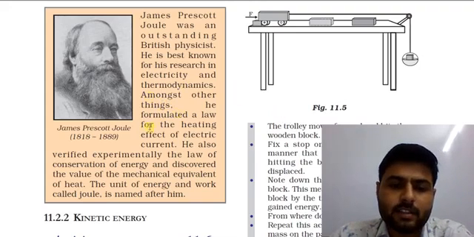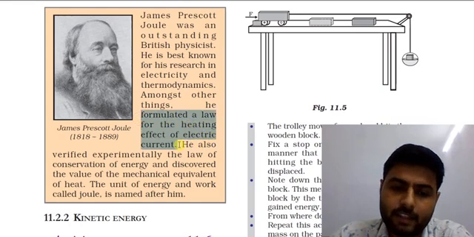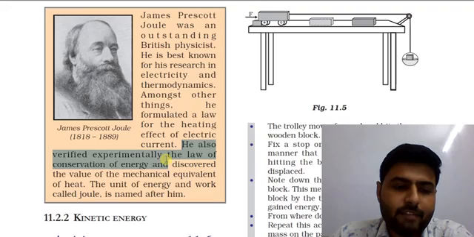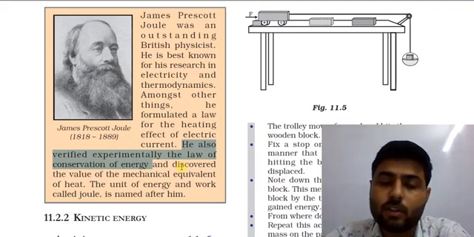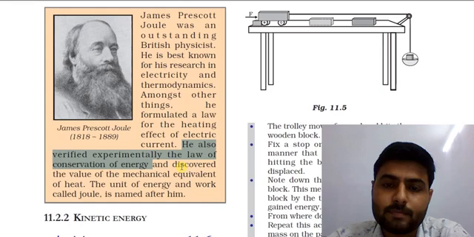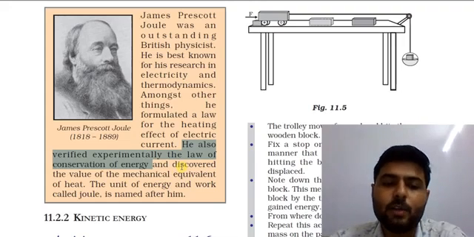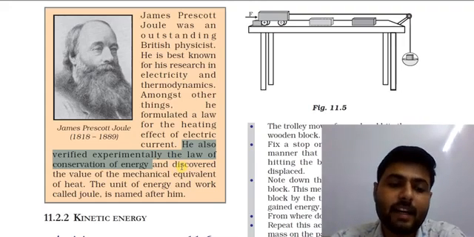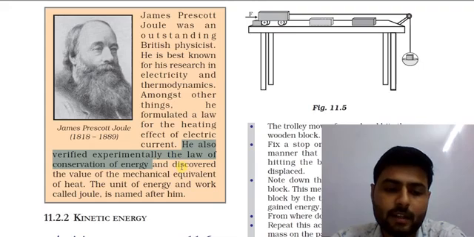Among the other things, he formulated the law for the heating effect of electric current. He also verified experimentally the law of conservation of energy. There is a law of conservation of energy, we know. But who verified this experimentally? That is Joule. And he discovered the value of the mechanical equivalent of heat. This is very important.